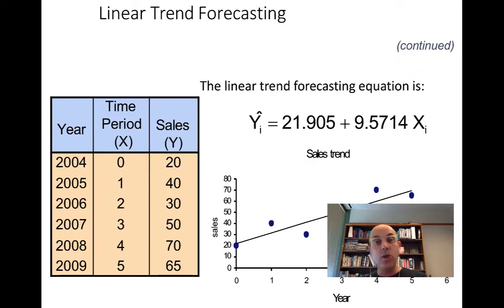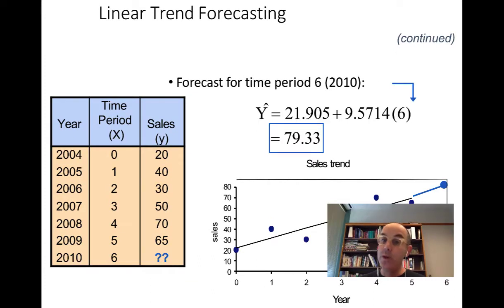In this case, we need to apply the X to the power of I in order to do the right calculation, and find that the future value of the sales in 2010 will be 79.33.